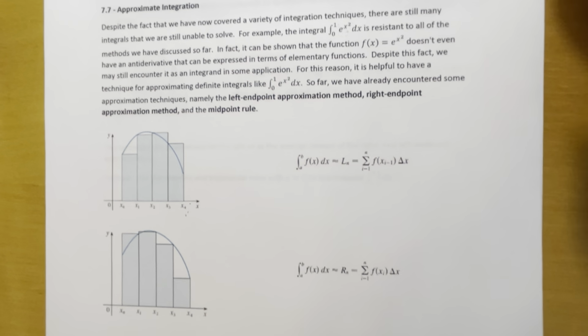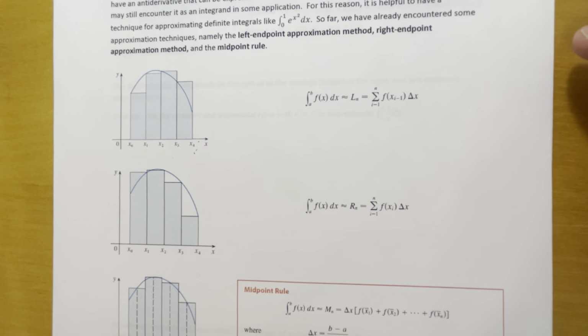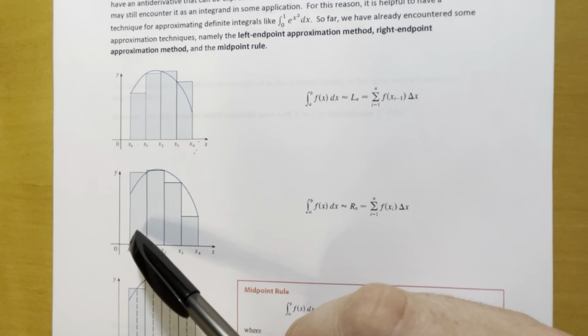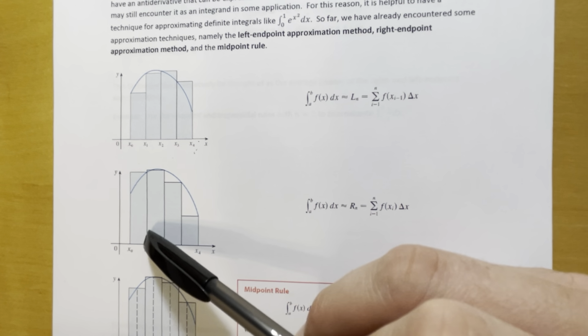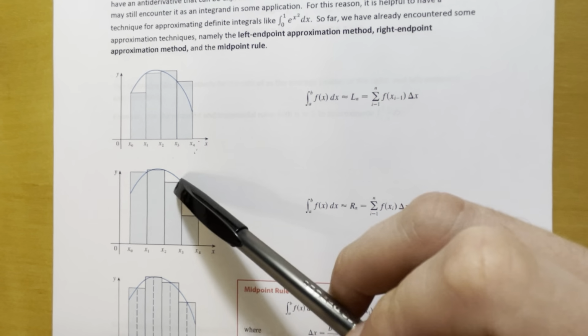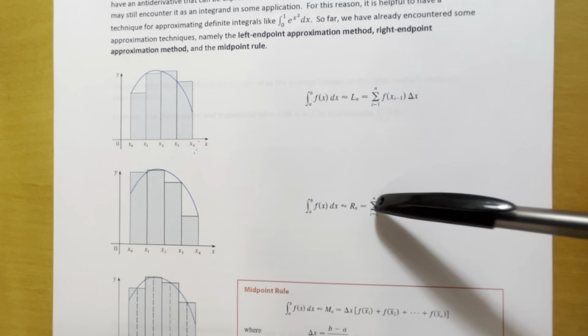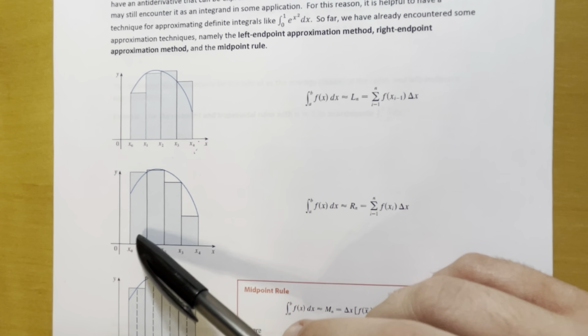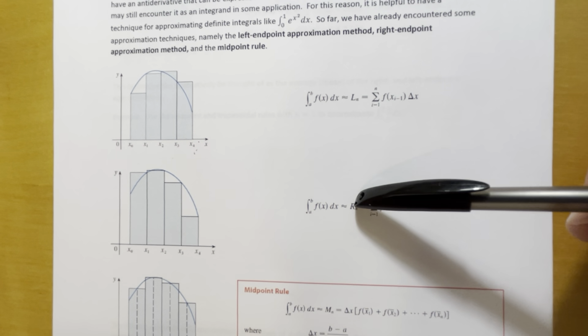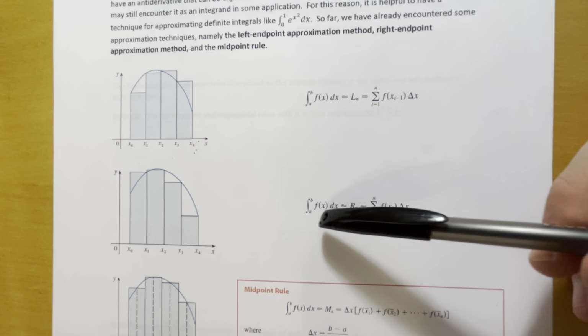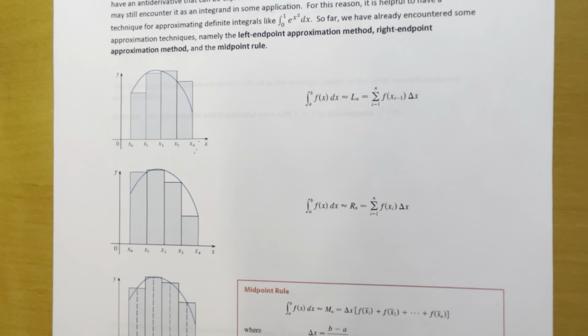We also have right endpoint approximations where we take the subintervals and we use the right endpoint of each subinterval to determine the height of these rectangles. Then we add those up. That gives us Rn, or in this case, it would be R4 again, because we have 4 rectangles. That serves as an approximation for this definite integral.